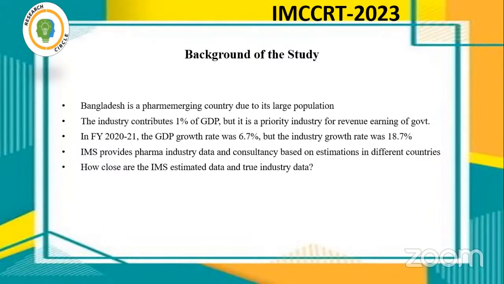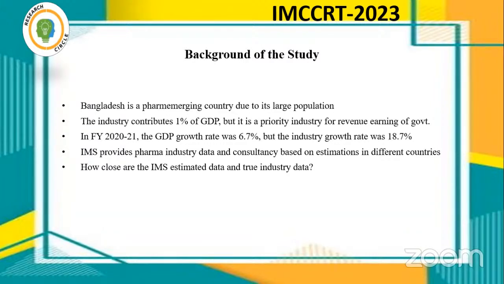At present, the GDP growth rate of Bangladesh is 6.7%, but the industry growth rate is 18.7%. That means the industry growth rate is much better than the GDP growth rate of the country.